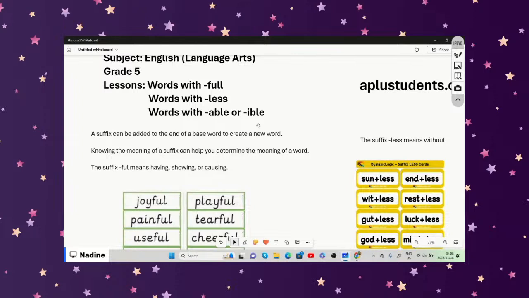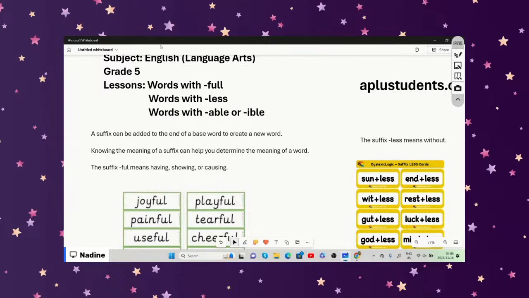If you have a word like joy and you add full to it, it becomes joyful. To know what joyful means, it is better to know the meaning of the suffix. The word full is the suffix.